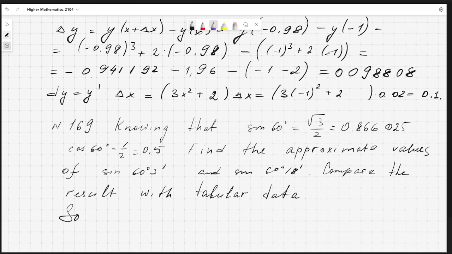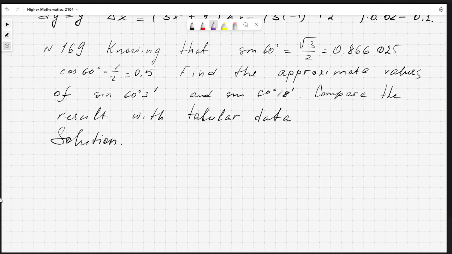Solution. Consider the function y is sine of x. And consider that delta y approximately equals dy.